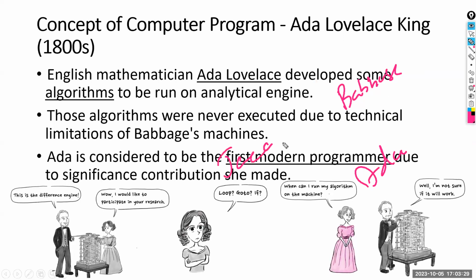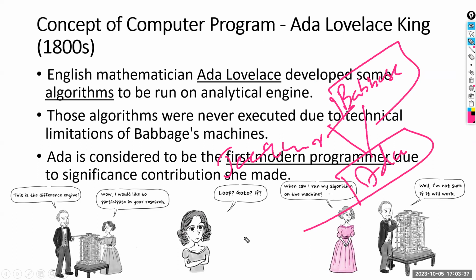So they collaborated. Babbage, Jacquard, Ada. Of course, Babbage and Ada were both from the UK. Jacquard is from, I think, France. Yes, so they collaboratively worked on that. Especially Babbage and Ada collaborated, because Ada wrote the algorithms to be run on Babbage's computing devices.